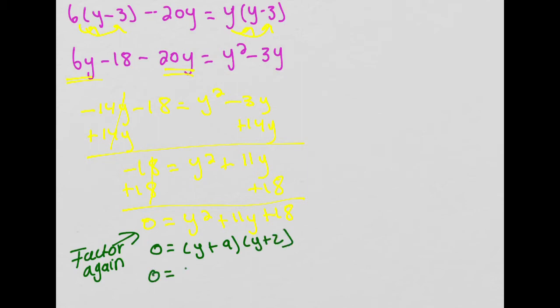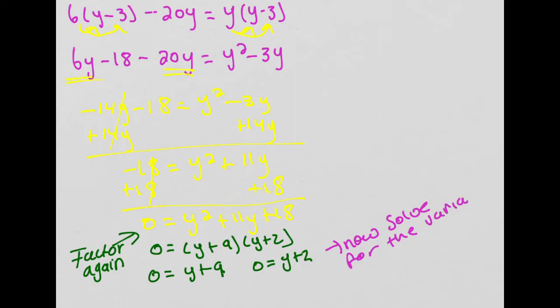Since it's equal to 0, I need to set both sets of parentheses equal to 0, and then solve for the variable. So that means y is going to equal negative 2 and negative 9.